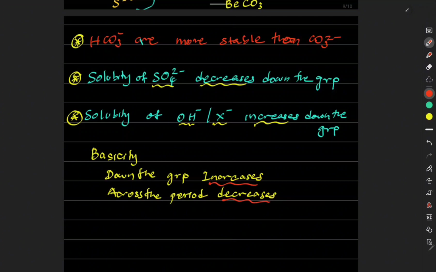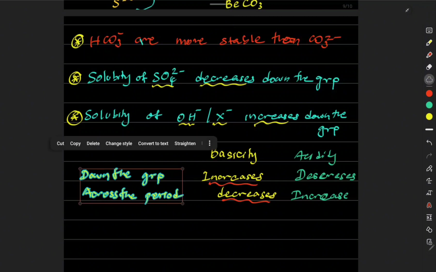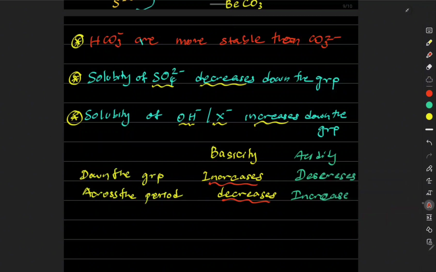Acidity is the opposite of this: across the period, acidity increases, and down the group, acidity decreases.